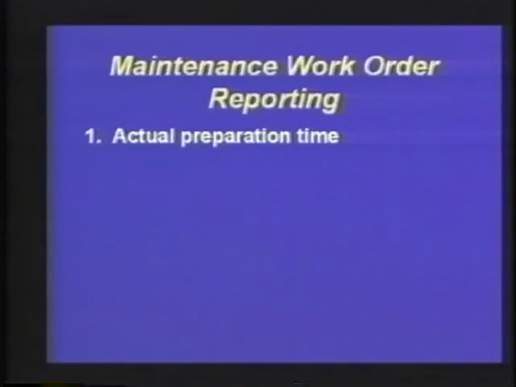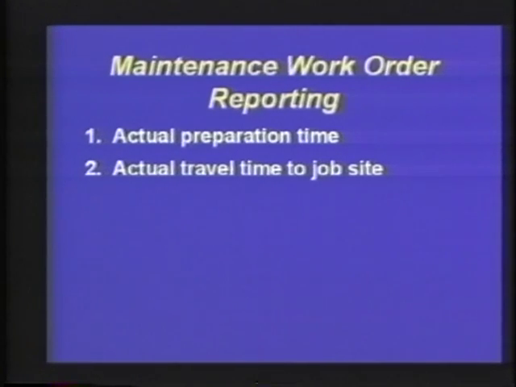Now, moving over to page number 2, we have the data elements relative to what we talked about in reporting, and here we're going to actually execute that. Do I want actual prep time? Do I want actual travel time? 1 and 2 is a management decision.